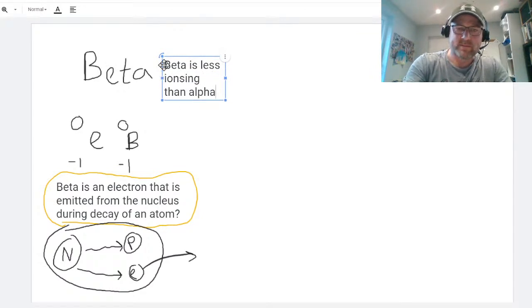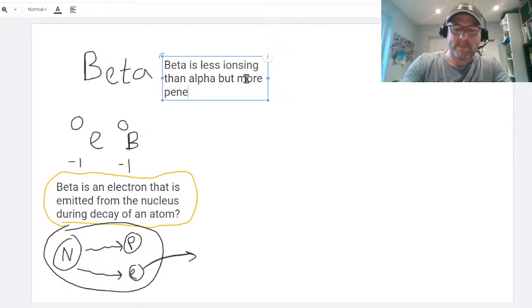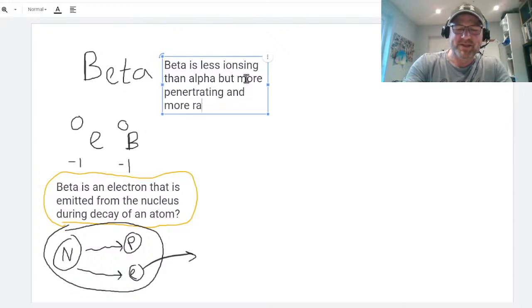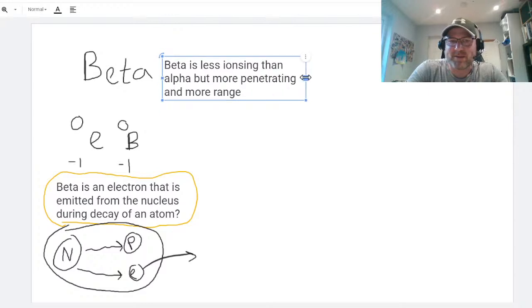than alpha. Okay, so it's less likely to damage your cells, but beta's more dangerous because beta can get through your skin. Okay, so it's less ionizing than alpha, but more penetrating. Oh my gosh, I'm just going to allow the spelling, right? And more range. So it can travel further before it's absorbed. All right, let's just leave it at that with the old spelling.